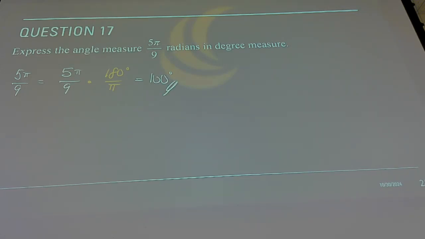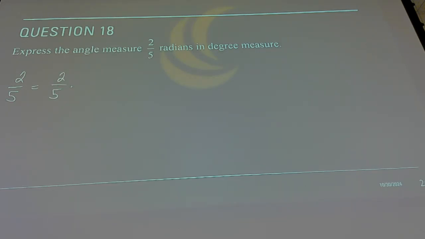Two-fifths of a radian. 180 over 5 is 36, times 2.